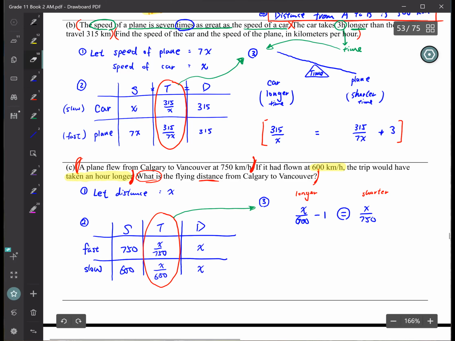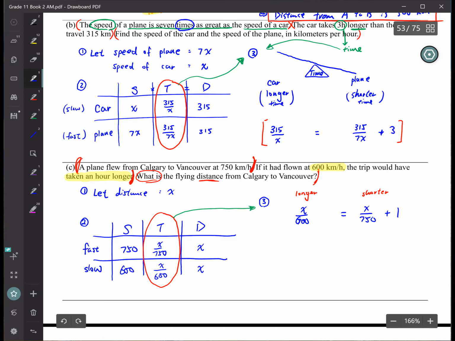Of course, like Nathan said, you can also make the shorter time add 1. Because you're going faster, it's shorter time. You add 1 more hour, then it will take the same time as the longer one. So you can do either one. The equation may look different, but your final answer after you solve will be the same.